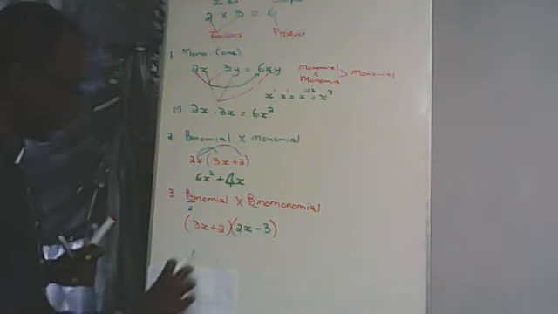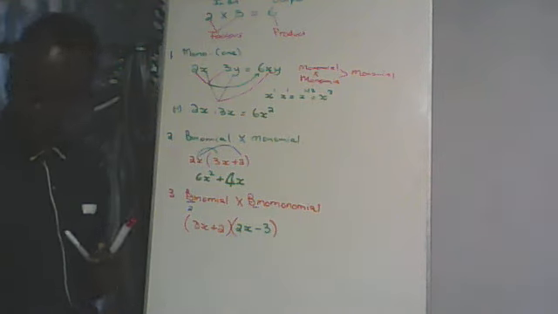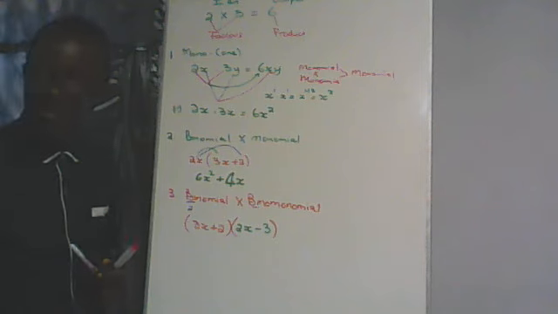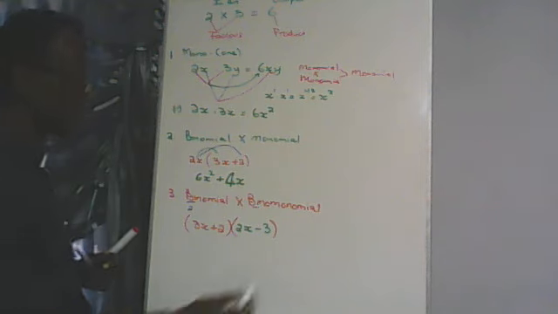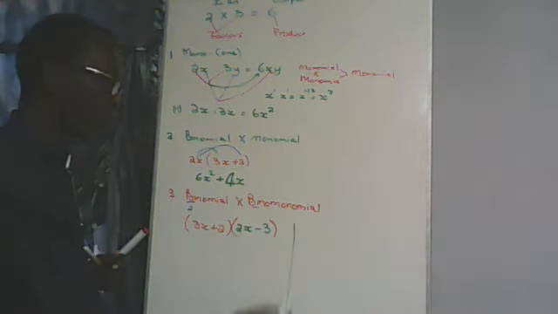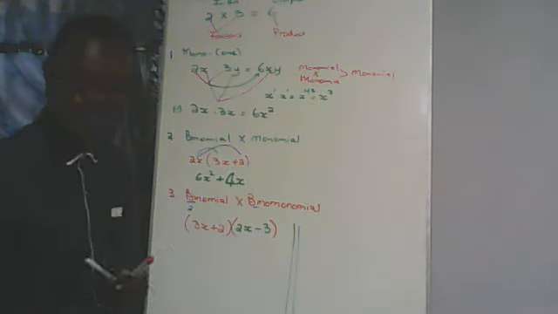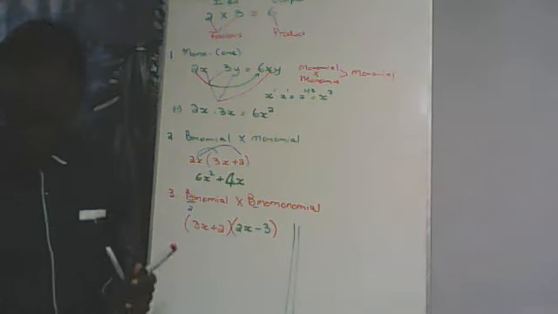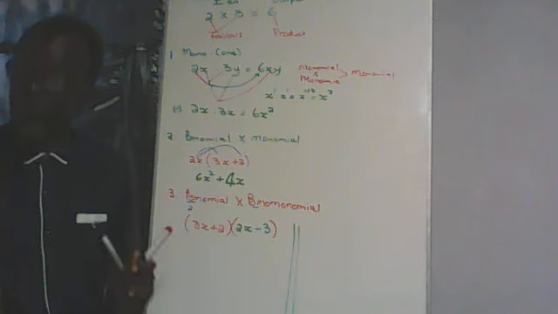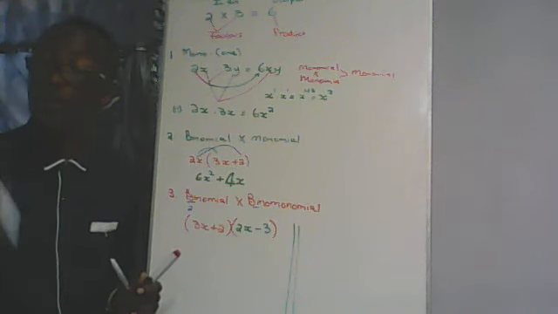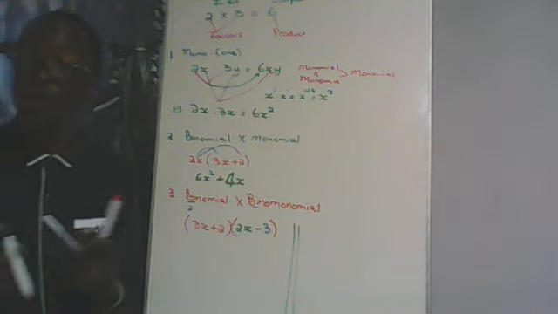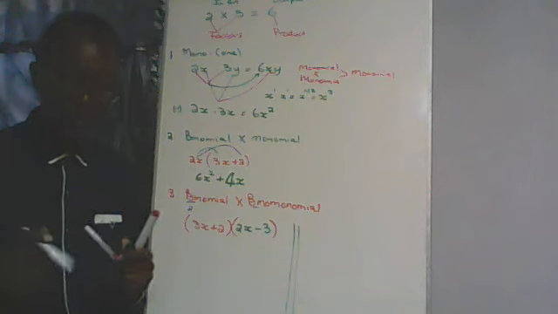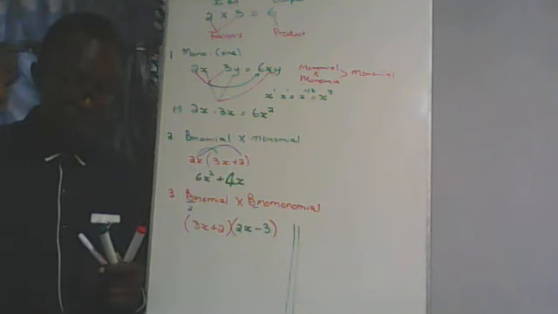Let's do it. I'm going to give you two methods on how to deal with this. You choose the method that suits your brain, guys, because everything is controlled by the brain.